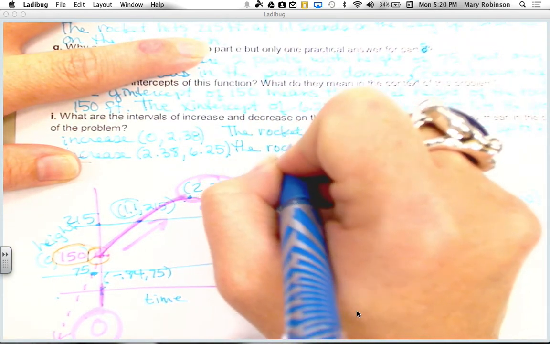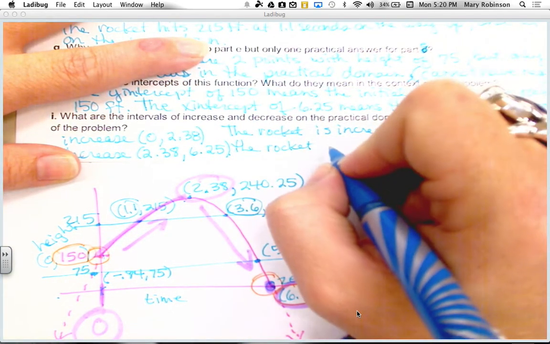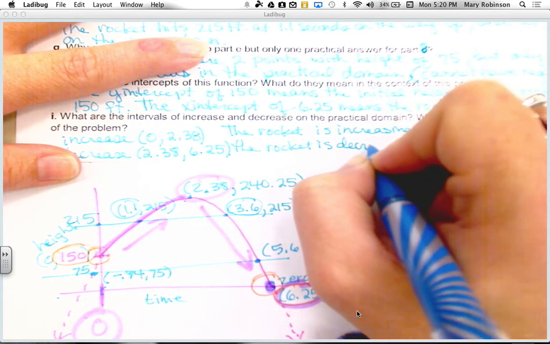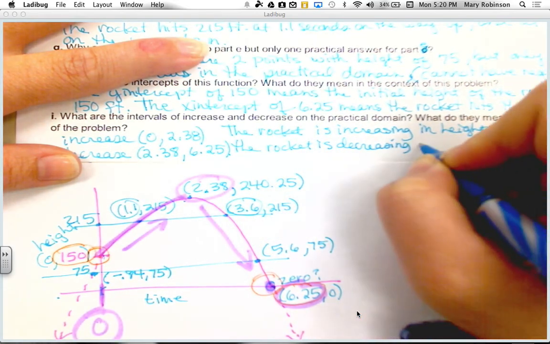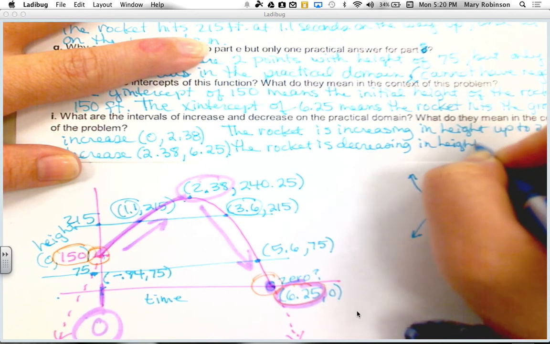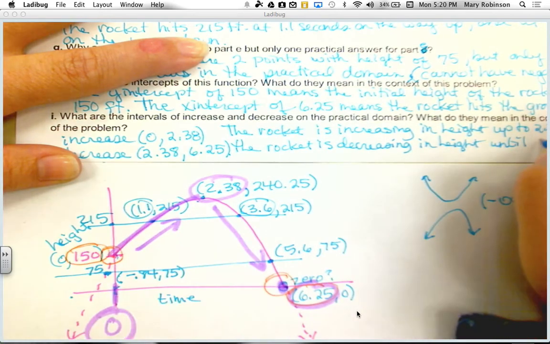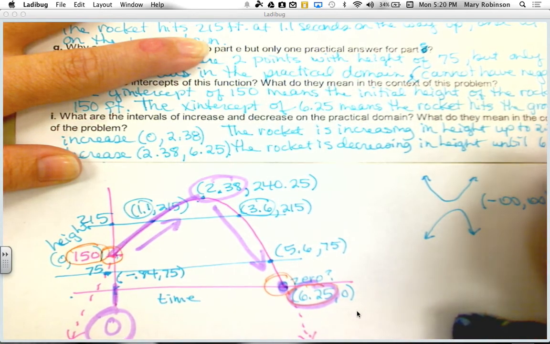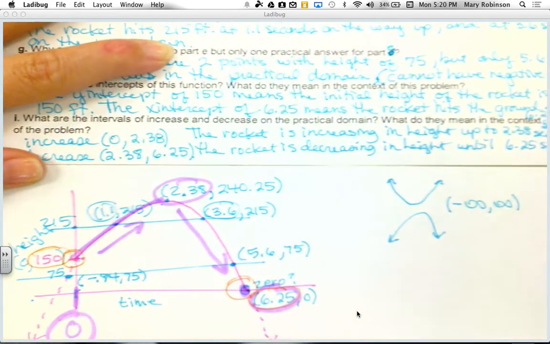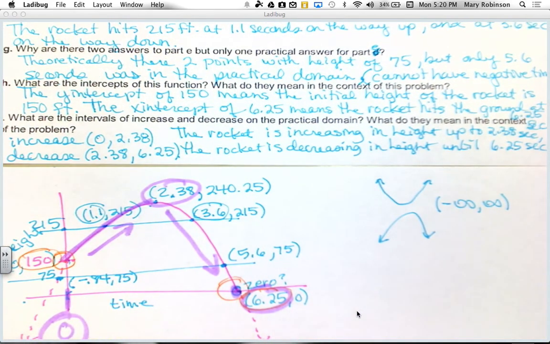Then the rocket is decreasing in height until 6.25 seconds. And that was a lot, but those are all the applications of functions that you need to understand.